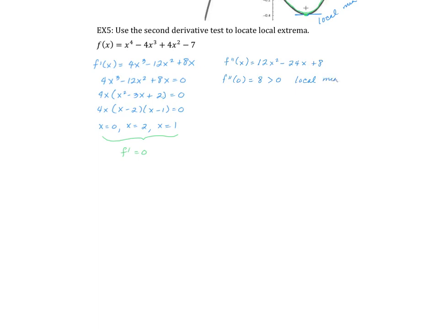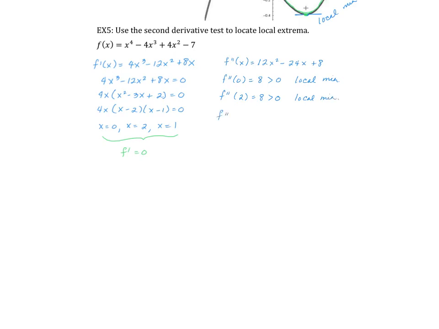Okay, so if the second derivative is positive, then it's a local min. I'm going to compute the second derivative at 2. And it looks like that's also going to be 8. Since it's greater than 0, that would also be a local minimum point.